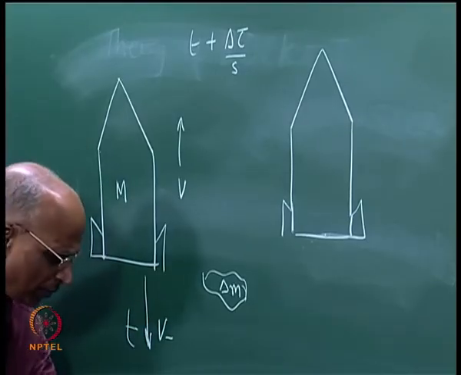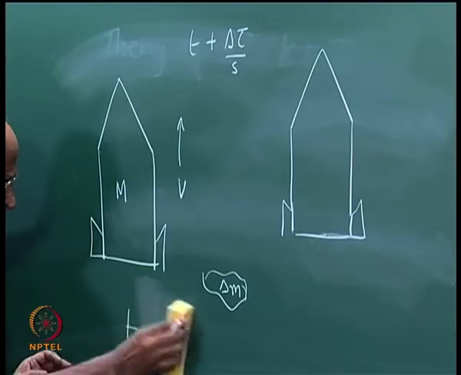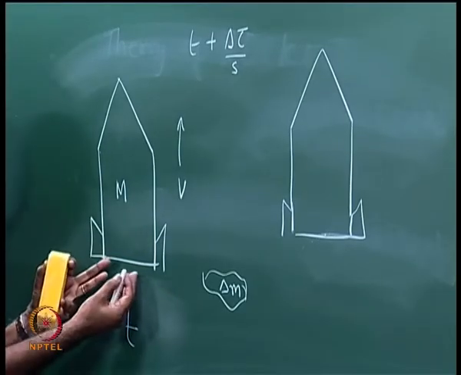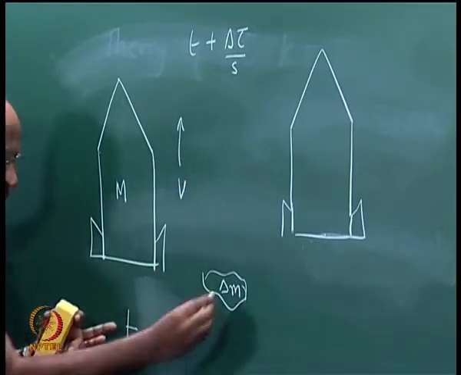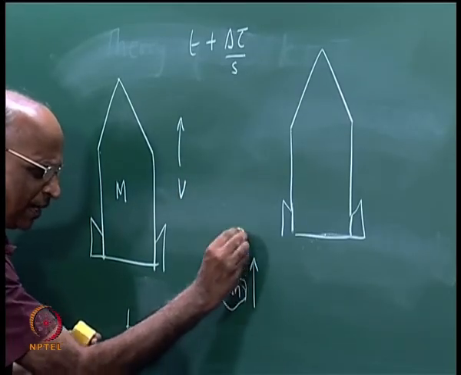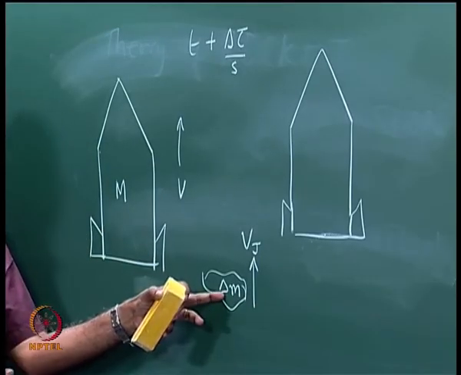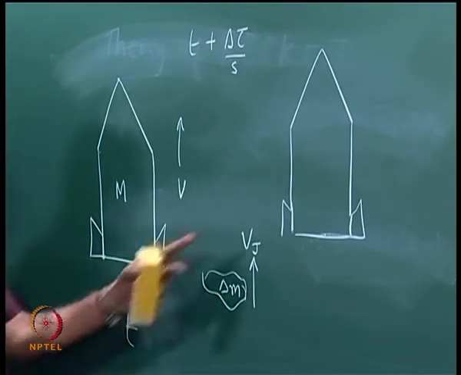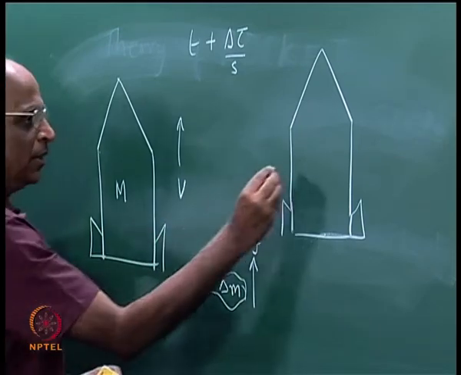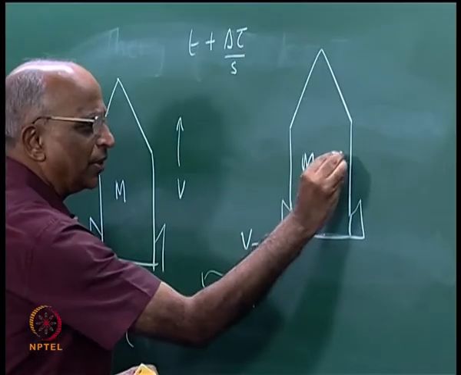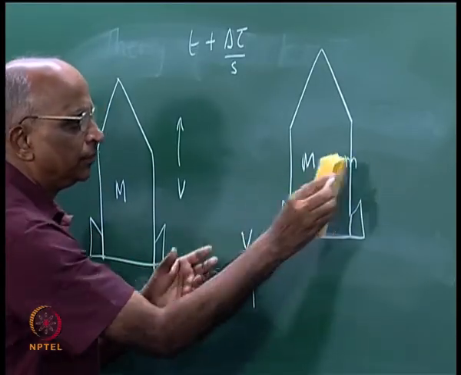Why should I put an arrow? We will make it even more general. It is ejecting mass at some velocity Vj. I do not know whether mass is moving upward or downward. I just presume that with velocity Vj, some mass has left the rocket, and therefore, the final mass of this rocket is going to be M minus delta m over here, right.